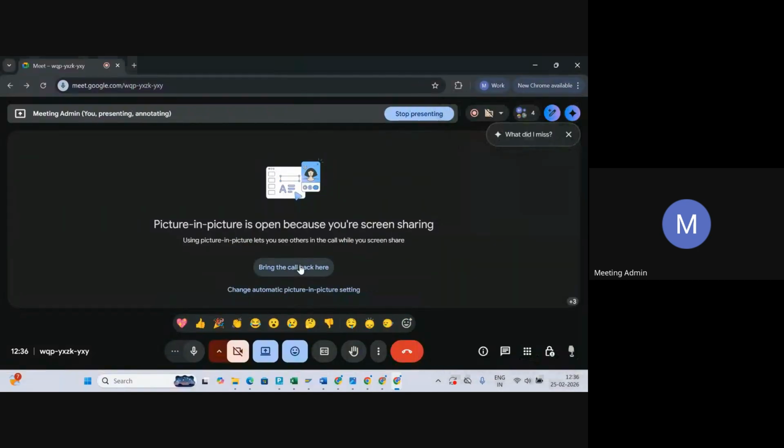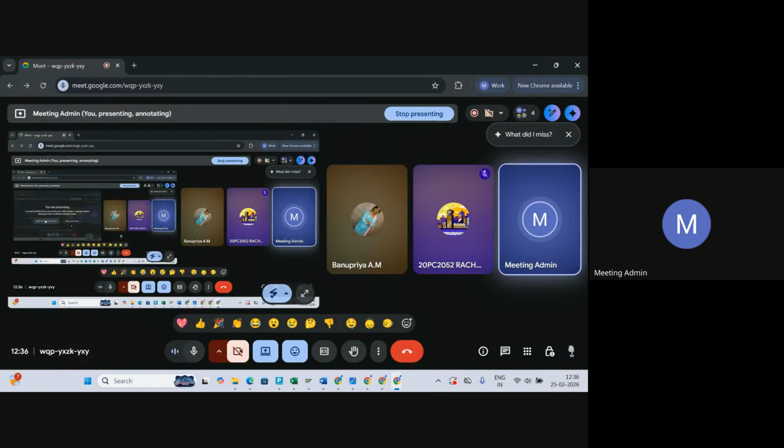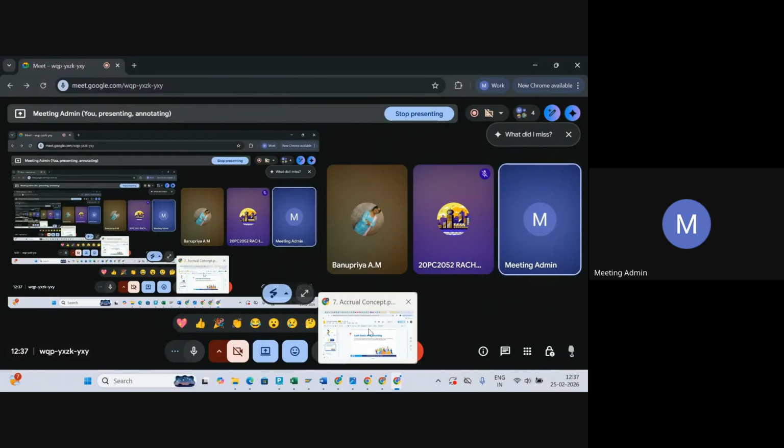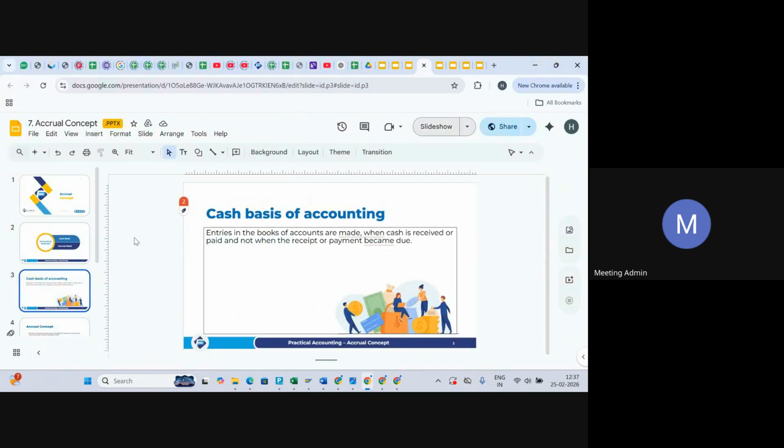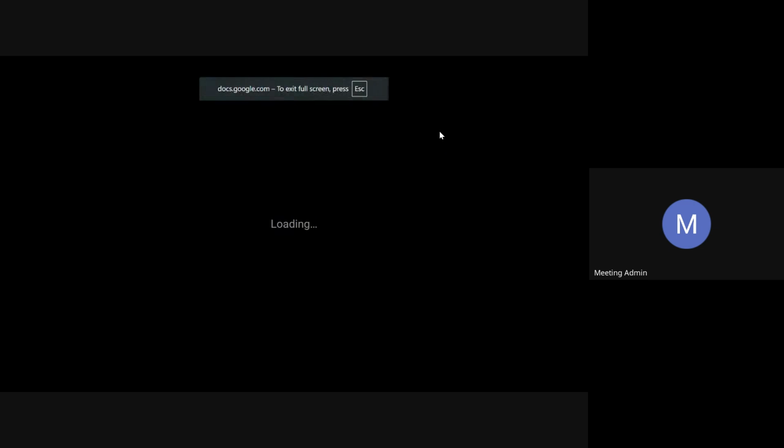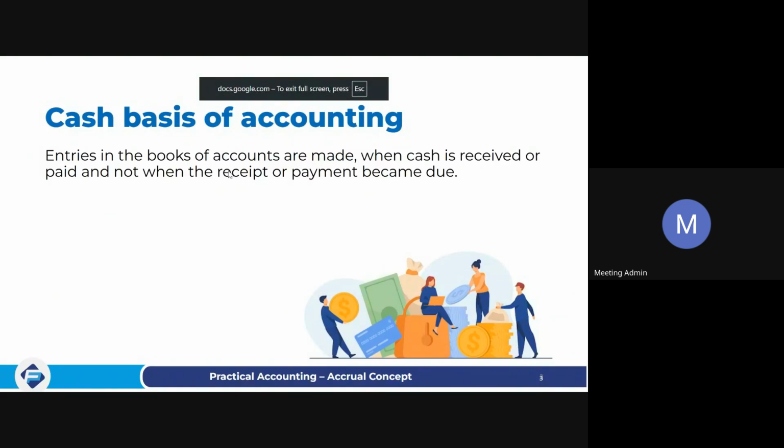Okay, let me share my screen. So accrual concept is nothing but, so once again, let me share my screen. Fine. So we have one cash basis and credit basis. So cash transaction, just take it as an example. If you go to a bakery and purchase anything, obviously you're going to pay immediately.